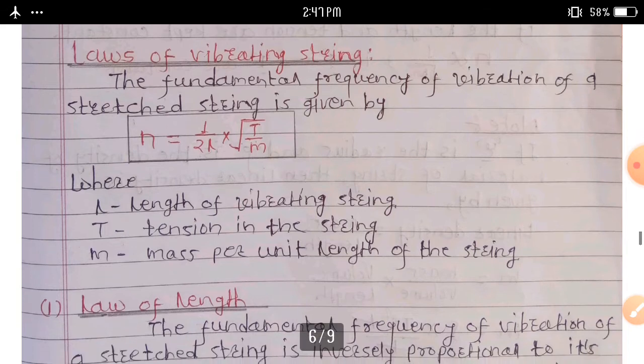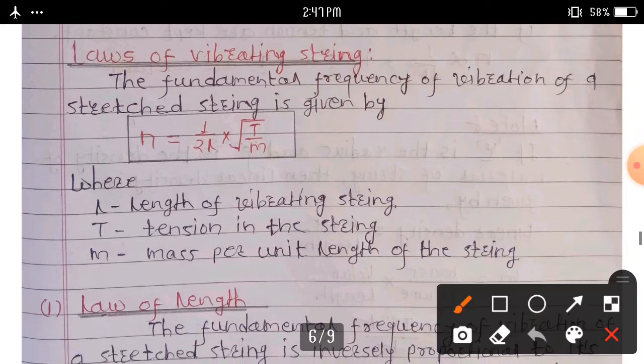We know that the fundamental frequency of vibration of a stretched string is given by n is equal to 1 upon twice L into square root of T upon M. Here small L is the length of vibrating string, capital T is the tension in the string, and small m is the mass per unit length of the string.